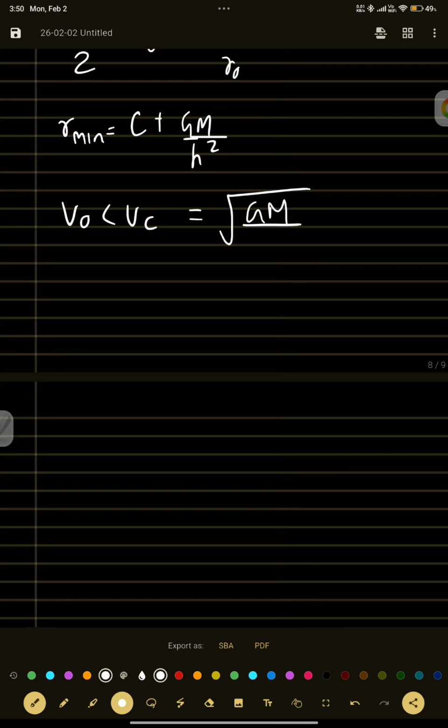So if this was your planet with its mass concentrated at the center, and this is also the focus, at this point there is normal launching. So this is V naught, which is less than. So this is the case which we are studying.